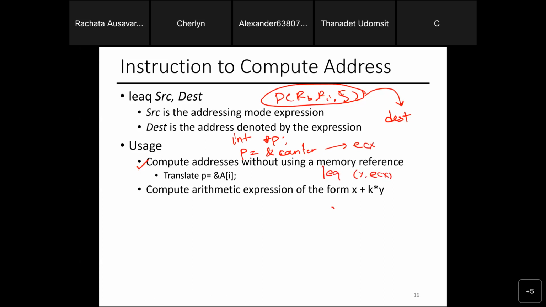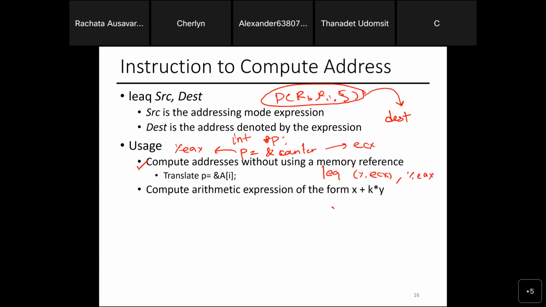This gives me the address pointed to by ECX into, let's say P is at EAX. It means I want to get this address and store that in EAX, and that's all.